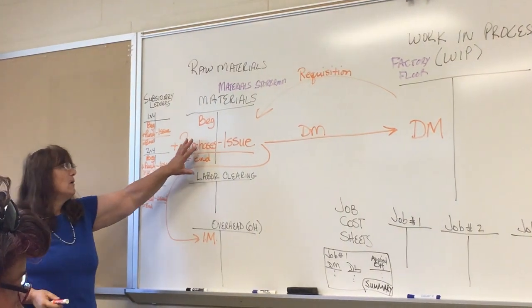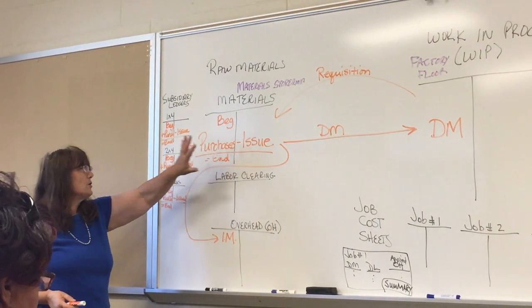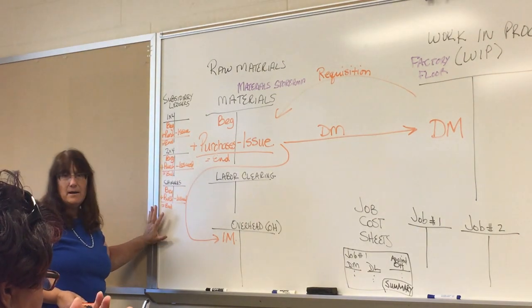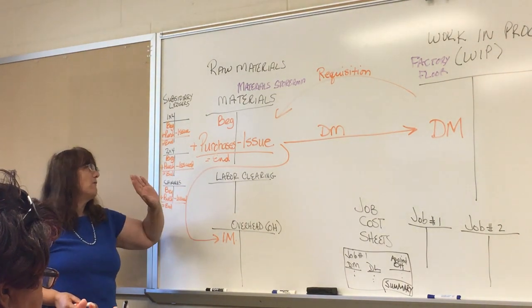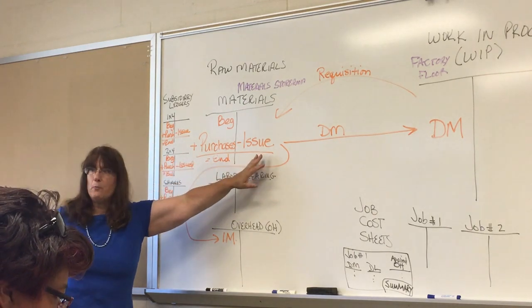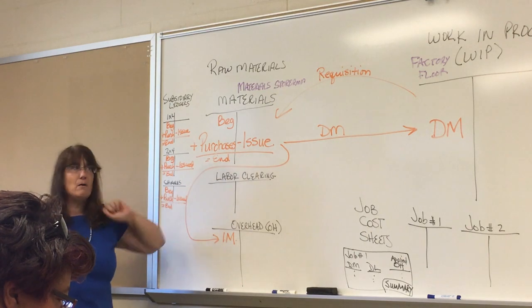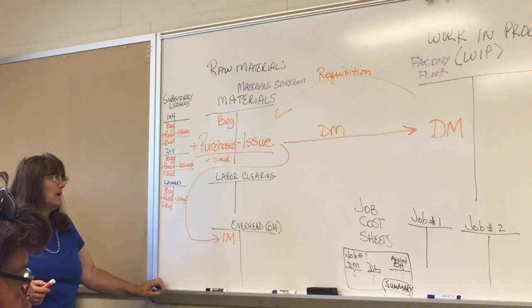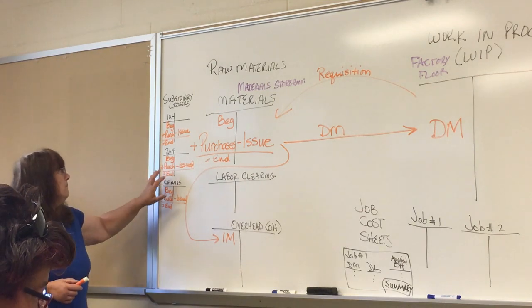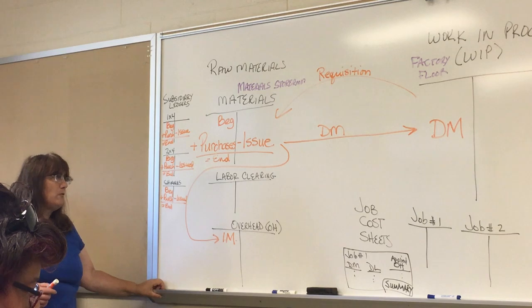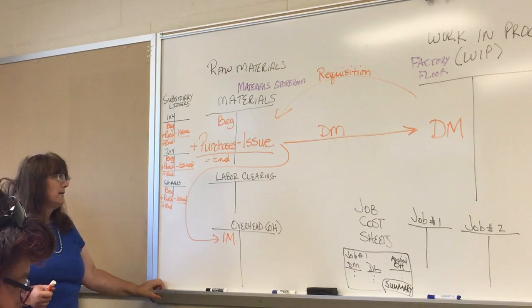Whenever I debit the general ledger account, I also have to debit something on the subsidiary ledger. Whenever I have to credit something on the subsidiary ledger, I better also be crediting the same amount on the materials account in the general ledger, so that the ending balance of all of these will equal the ending balance of those as long as you do that. Okay?